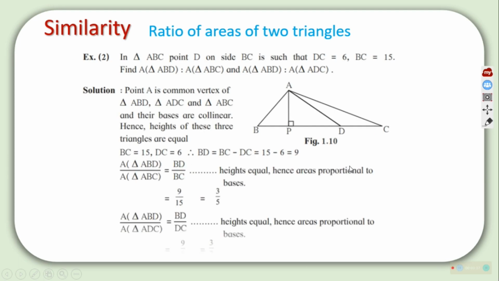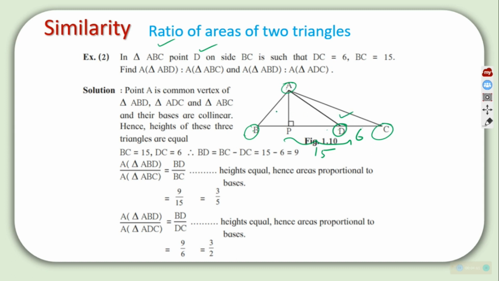There is another example here, example 2, which is talking about triangle ABC. Point D is on the side BC such that DC is equal to 6 centimeter and BC is equal to 15 in total. Find the area of triangle ABD and compare its ratio with ABC, the bigger triangle, and triangle ABD also with ADC.